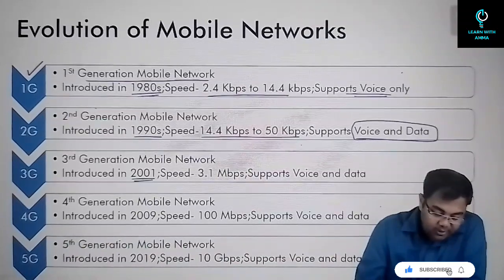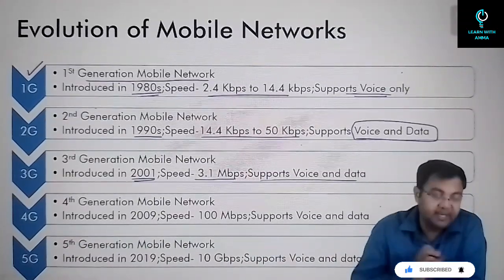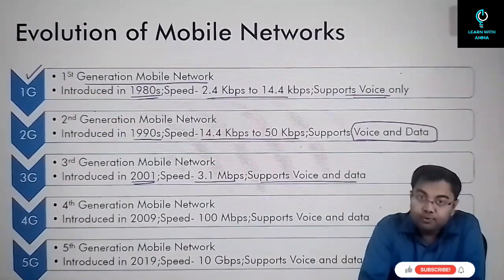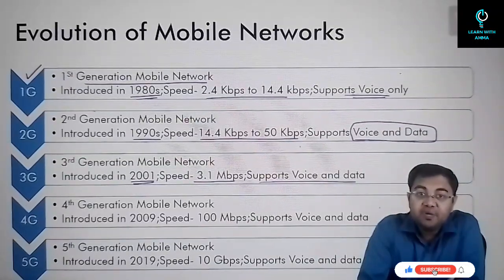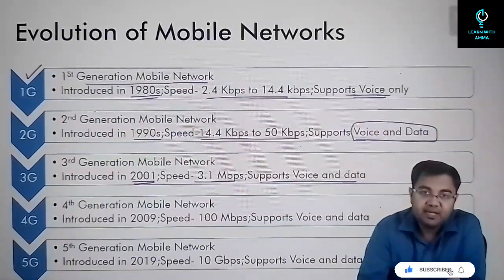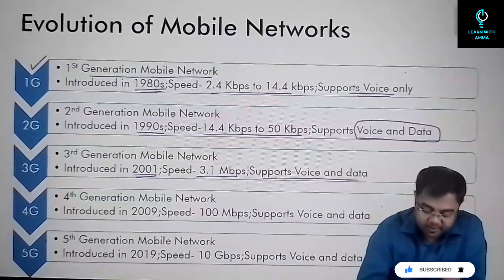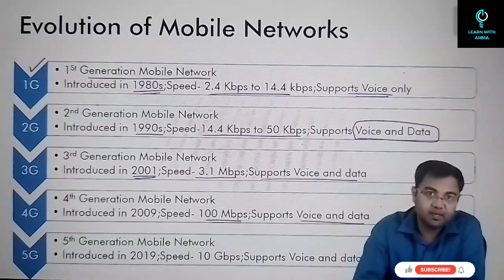Introduced in 2001, speed 3.1 Mbps, supports voice and data both. Then after that comes the fourth generation mobile network. In fourth generation, speeds improve even further. As compared to 3G, 4G has much better speeds. Speed goes up to 100 Mbps, again supporting voice and data both.